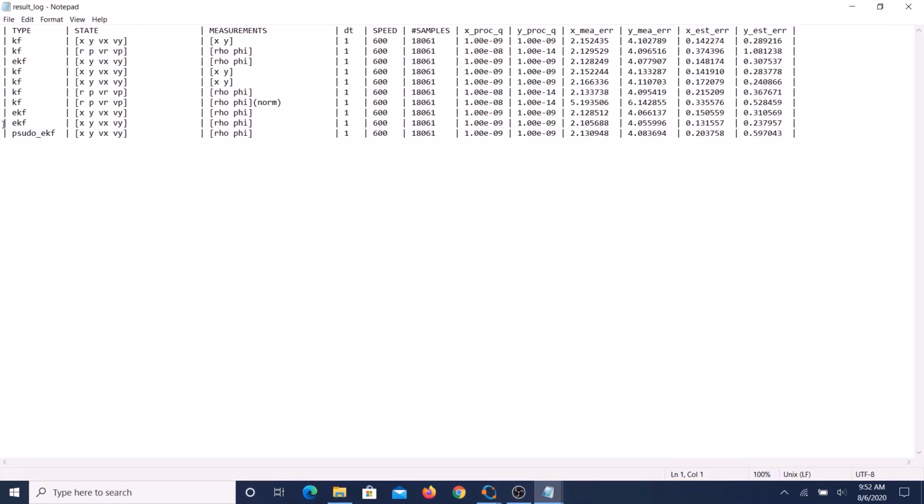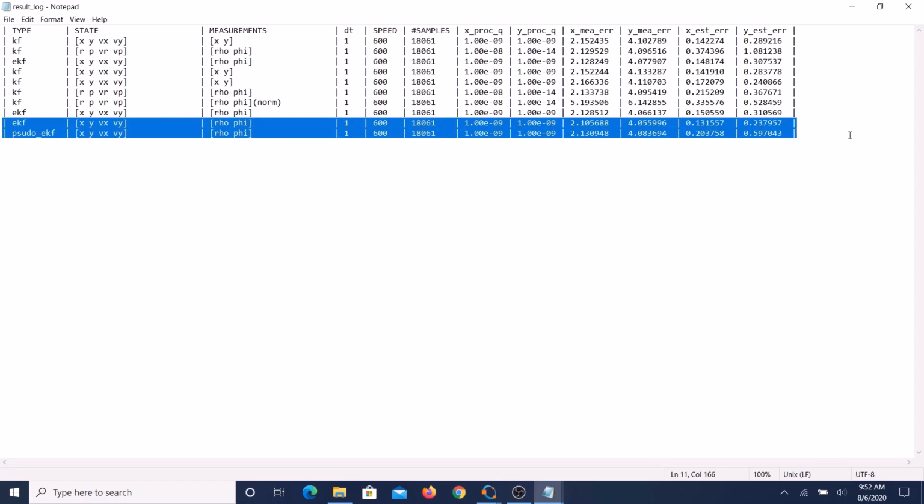So in the most recent runs, we saw the working of extended Kalman filter, which uses the state vector of xy coordinates and xy velocities, but it uses the radar measurements of distance and angle.